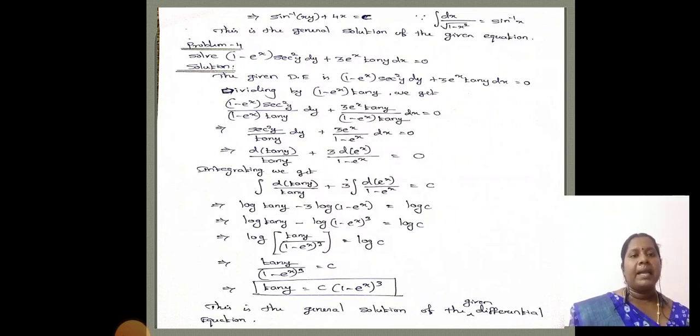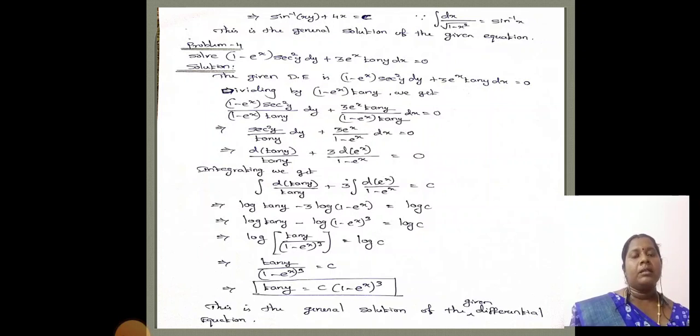Next, we apply the power rule of logarithmic form. Log of tan y minus log of 1 minus e power x whole cube equal to log c. Then by applying the formula for log a minus log b equal to log a by b, which implies log of tan y by 1 minus e power x the whole cube equal to log c.